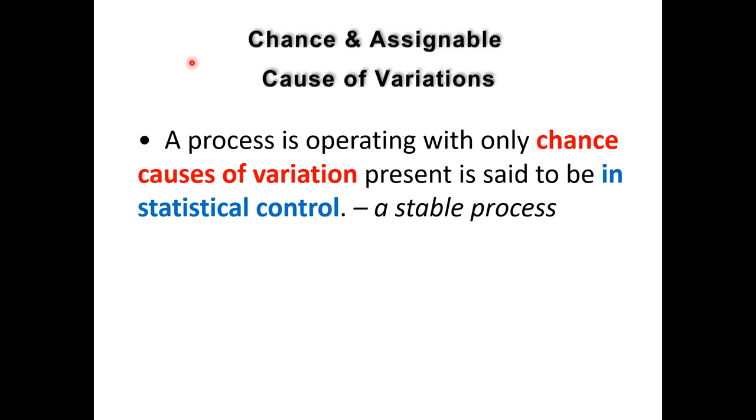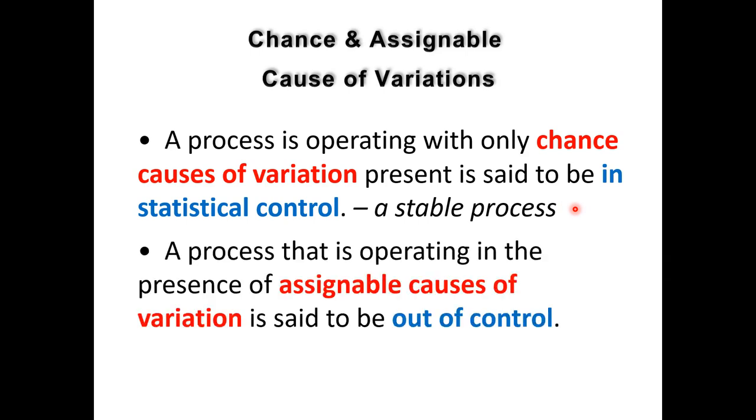Now, let us look at two types of variation which will cause problems to the process. The two causes of process variation can be seen in terms of chance causes or assignable causes. If a process is operating with only chance causes of variation, then the process is said to be in statistical control, and the process is still a stable process.